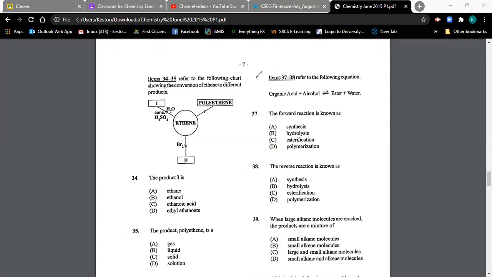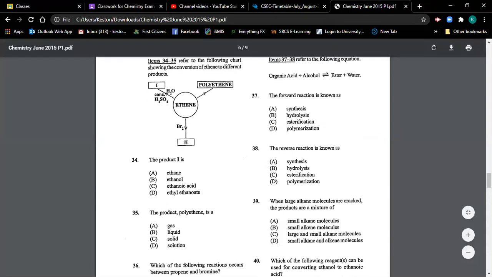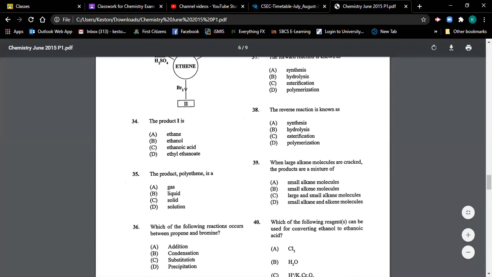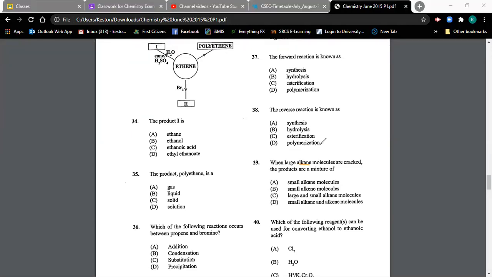39. When large alkane molecules are cracked, the products are a mixture of smaller what? Alkene. What do we get? Alkane and alkene molecules.